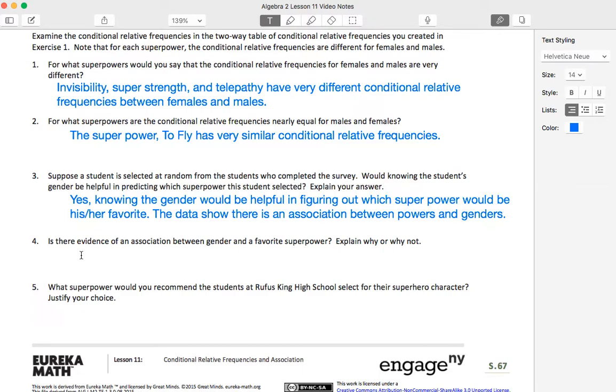Is there evidence of an association between gender and superpower? Yes. Notice how I'm answering the question yes, and I'm putting a reason why, and I'm explaining right now.